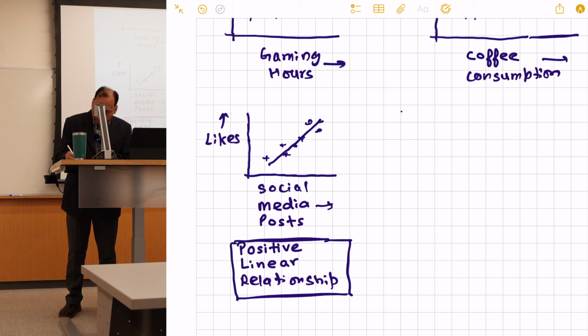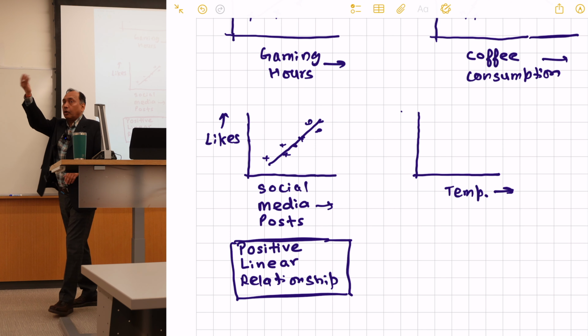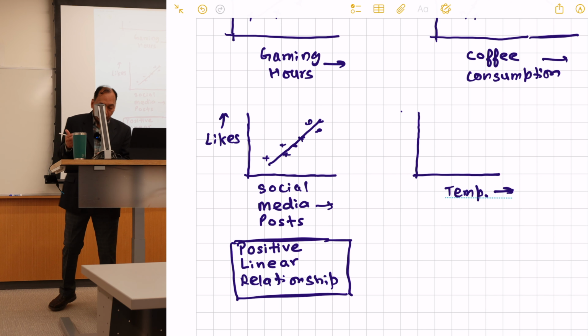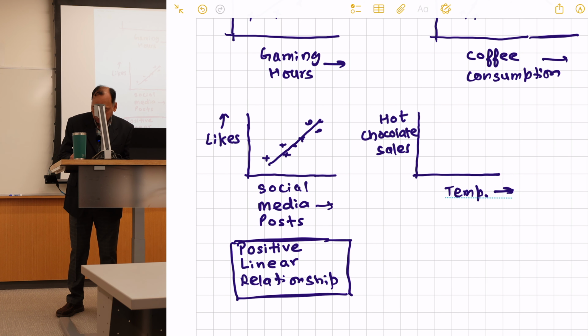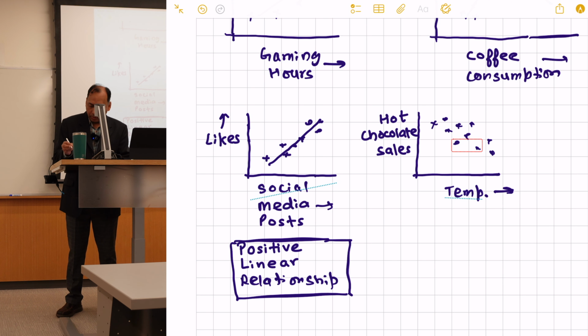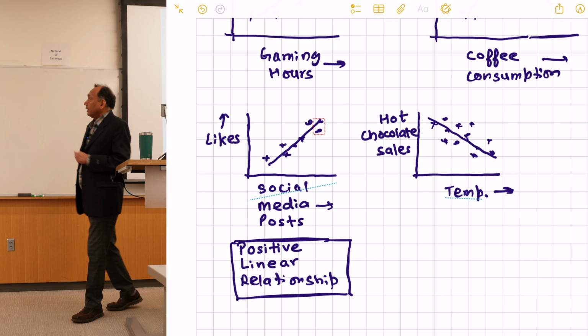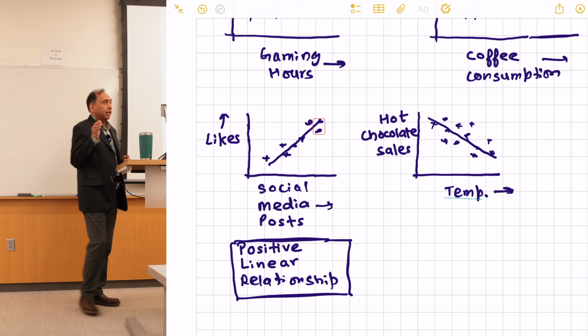But sometimes you may also have relations like these, where you plot two variables. So let's say on the x-axis you have temperature, like outside temperature, and on the y-axis you have hot chocolate sales. So that may be something like this that can be captured using a straight line relation, but it is in the negative direction.